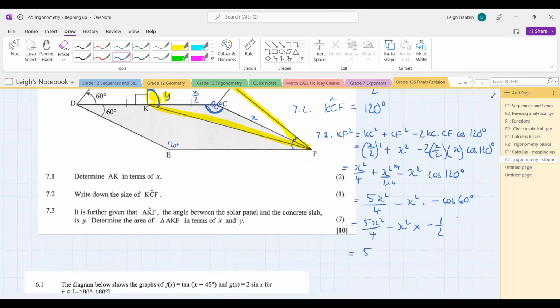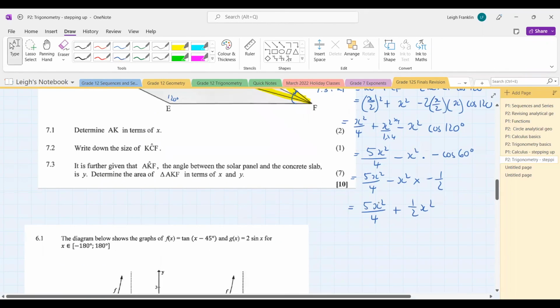So this is going to give us 5x squared over 4 plus half x squared, which means we are going to end up with times by 2, times by 2. So this gives us 5x squared plus 2x squared is 7x squared over 4.